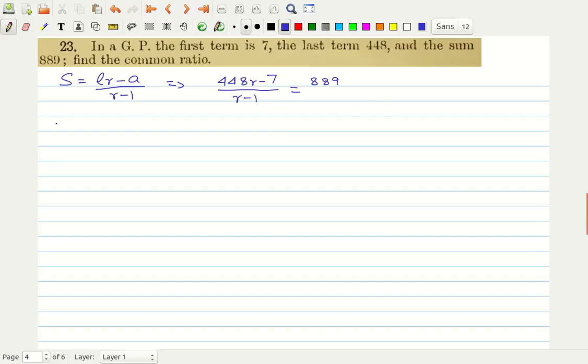Now 448 R minus 7 is equal to 889 R minus 889.